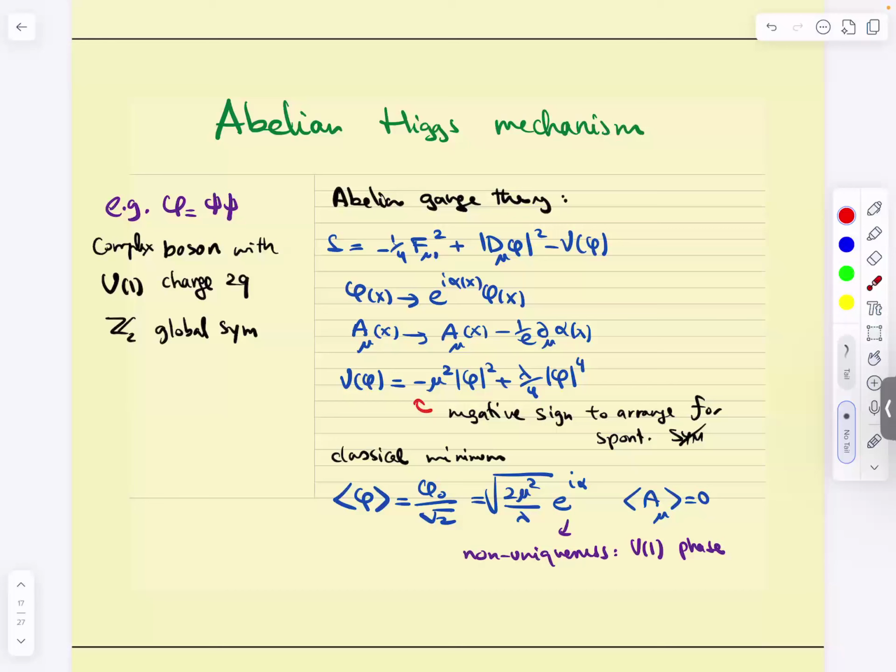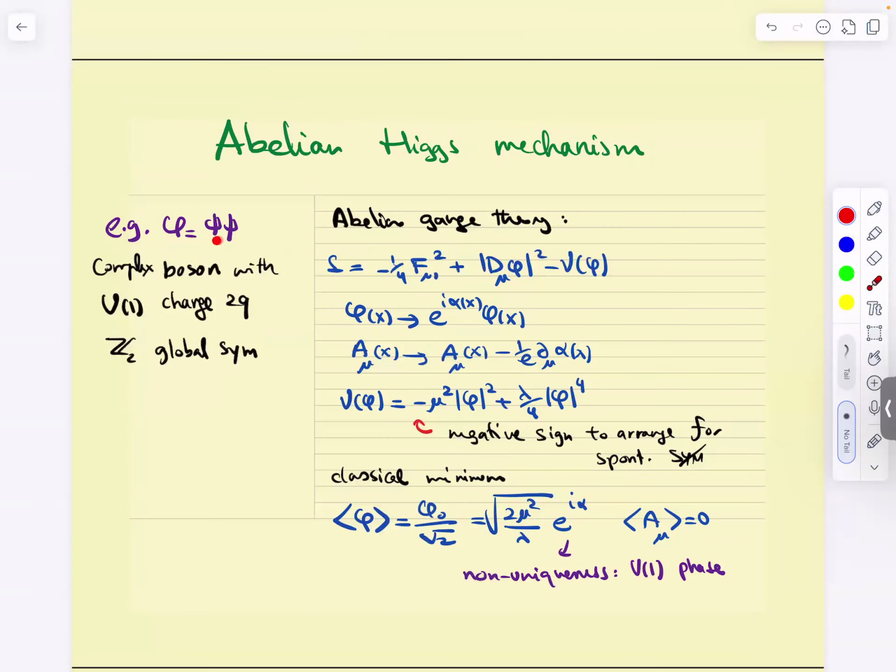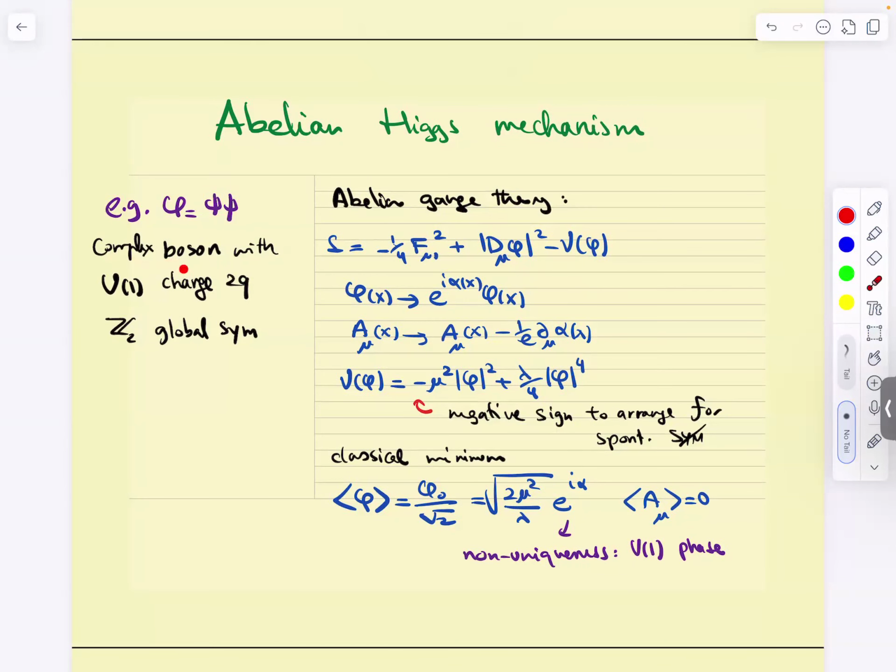All right. Now that we know this, what was important about this psi? This is a first complex field. It's a boson field, and it has a U(1) charge, which is 2Q.